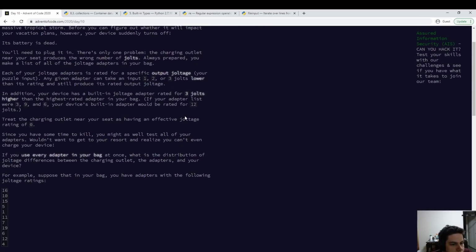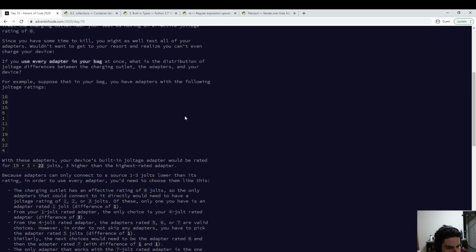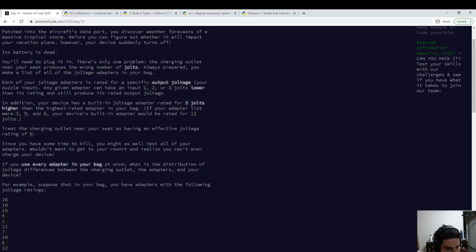Okay, the aircraft charging outlet has a joltage rating, and each adapter must be higher than the highest rating.